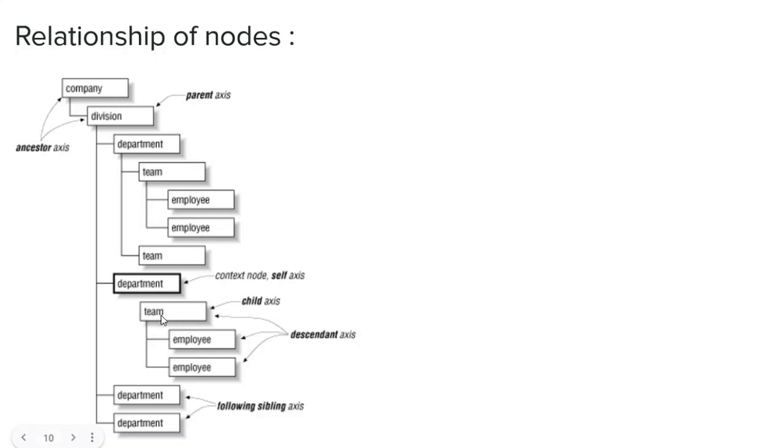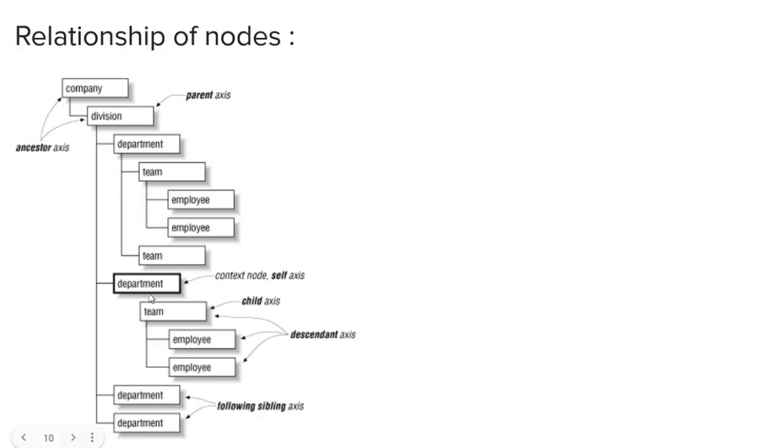So I can find that by using the context of child, right? This team is a child of the department node, which is the context node. And what are the children of this child? Department has team as a child node, and these two employee nodes are basically children of the team node.